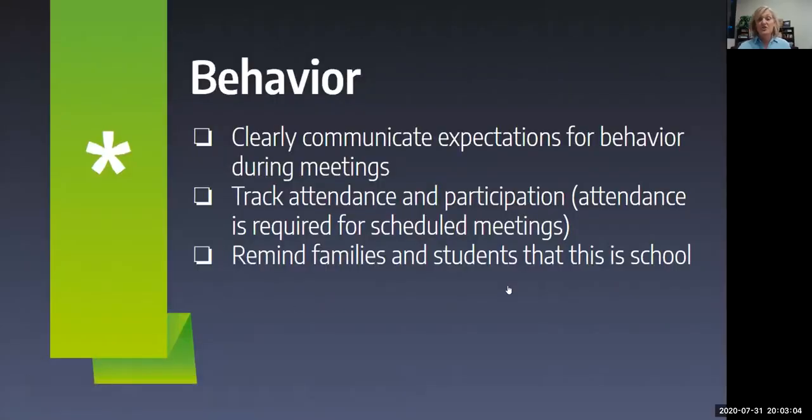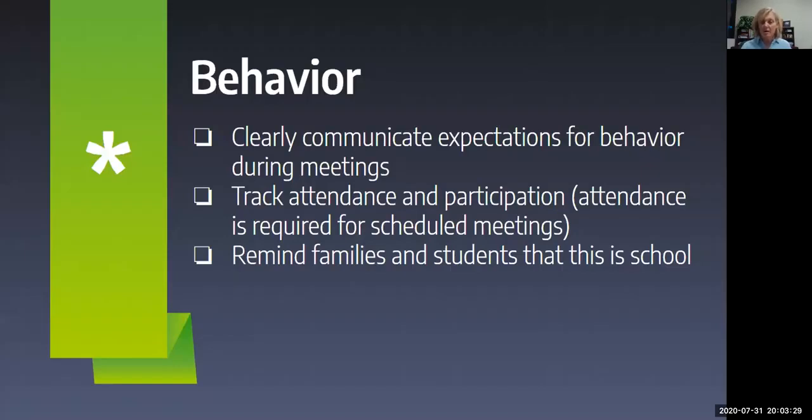Behavior. Just like in our classroom in seat, we have to clearly communicate and teach the expectations for behavior. And that includes making sure we are all clear on what the expectations for behavior are during any kind of online meeting. We will be tracking attendance and participation, and attendance is required for our meetings.